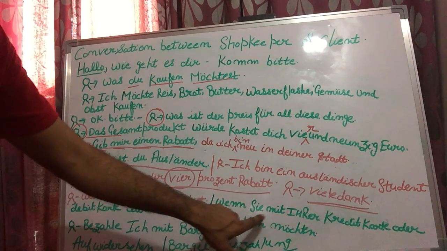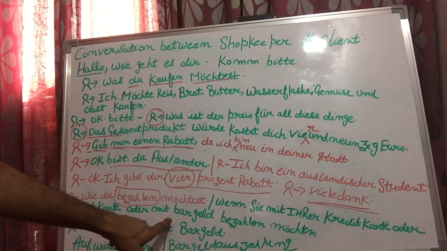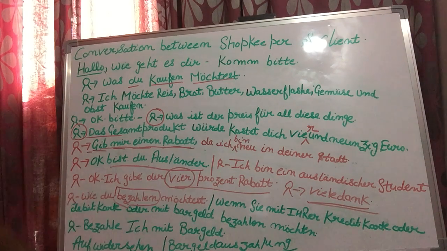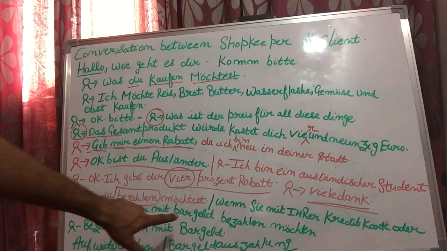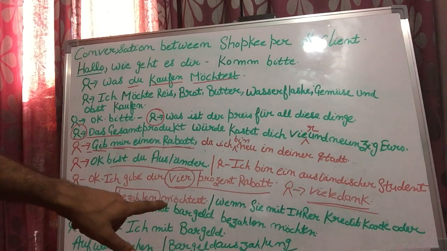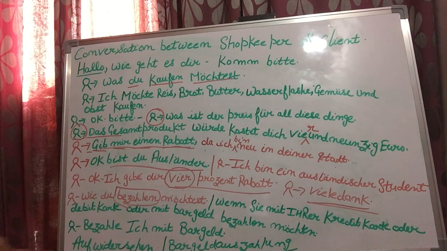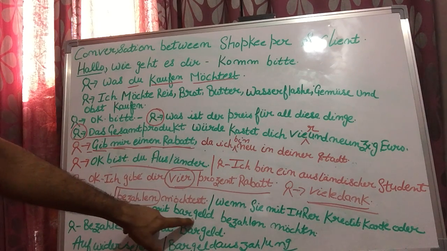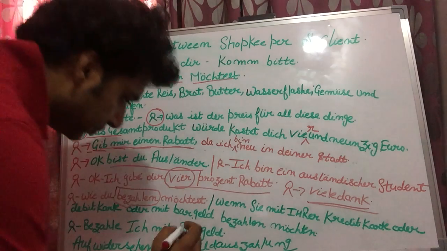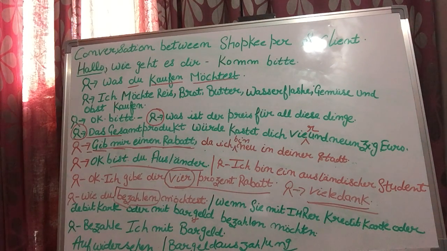Wenn Sie mit Ihrer Kreditkarte oder Debitkarte oder mit Bargeld. Is that clear to you? Bargeld is cash basically. Speak after me. Bargeld. Bargeld bezahlen möchten. Bargeld is your cash. Is that clear to you?